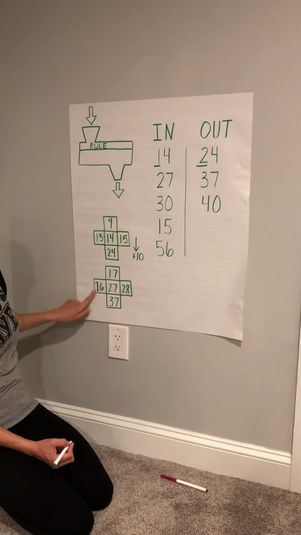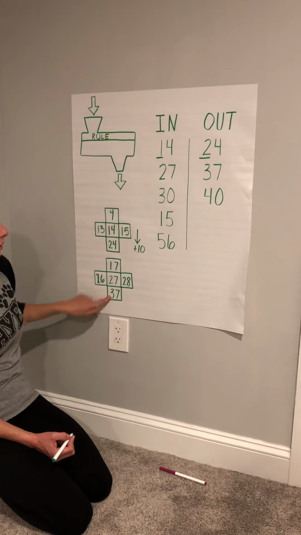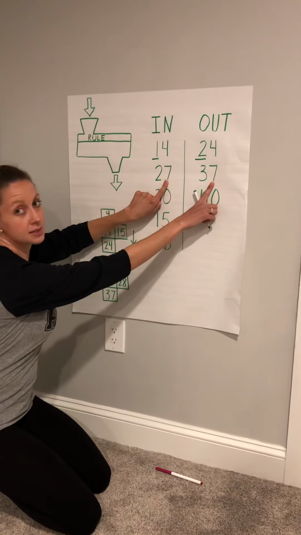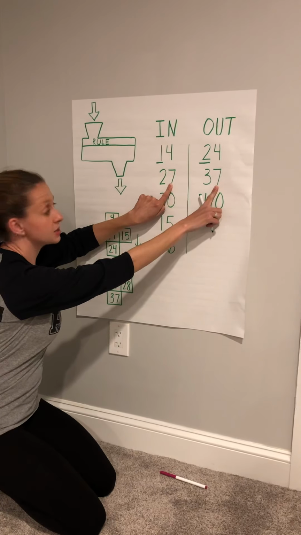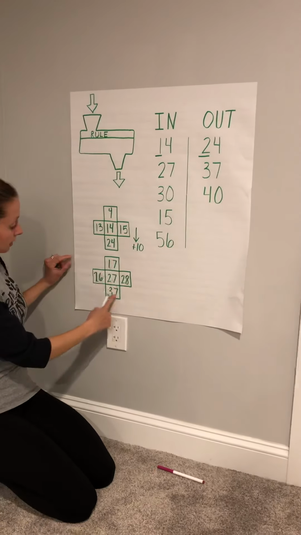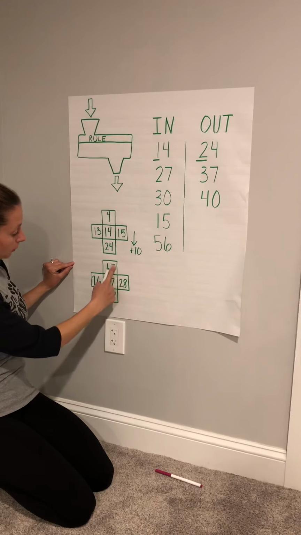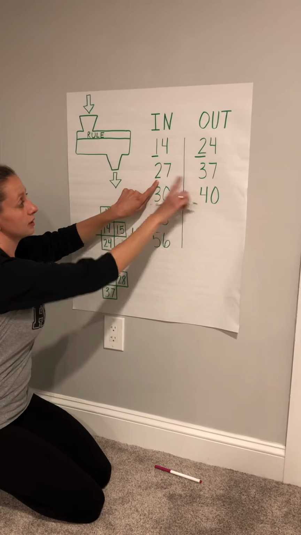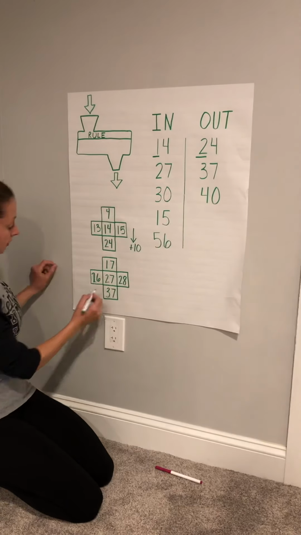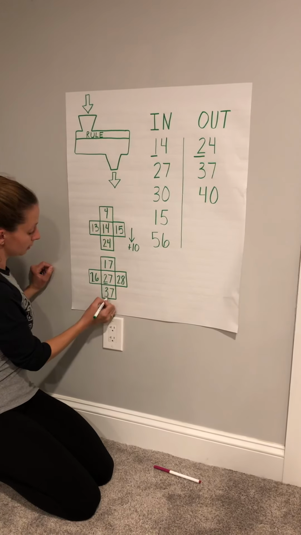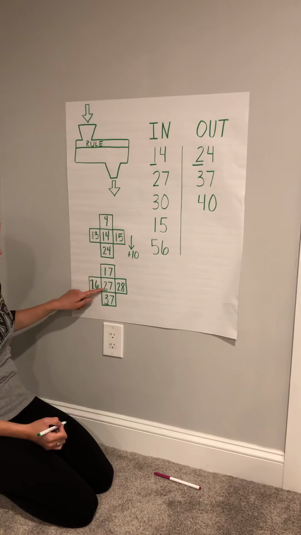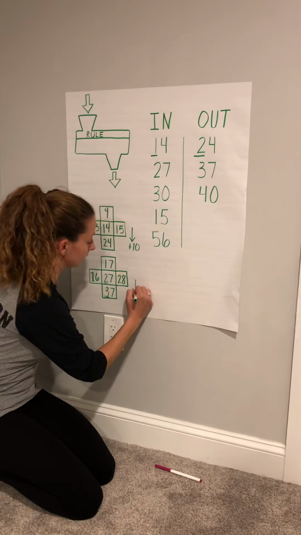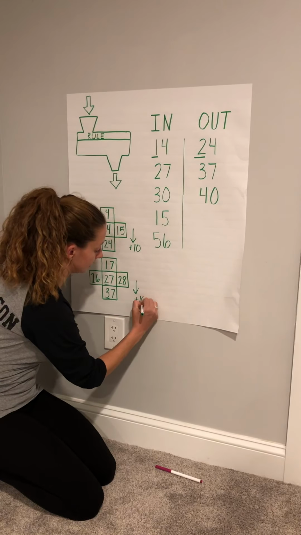Now let's look here. I zoomed in on my number grid again to look at the number 27. The ones digits are staying the same. All my ones are staying the same in this column. When I look at my tens digit, it's getting bigger by 1. I'm moving down a box and I'm adding 10.